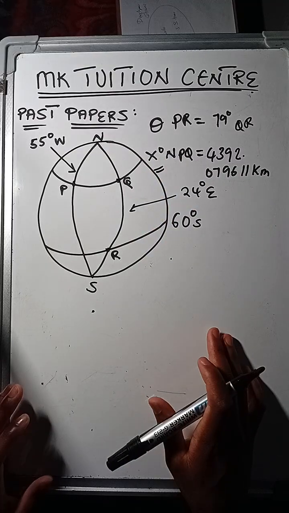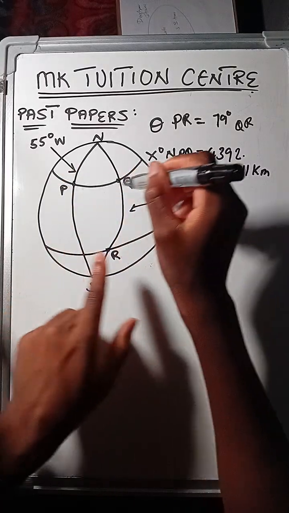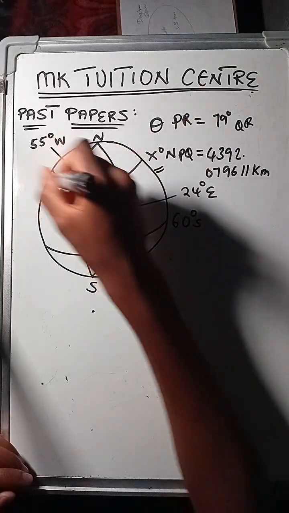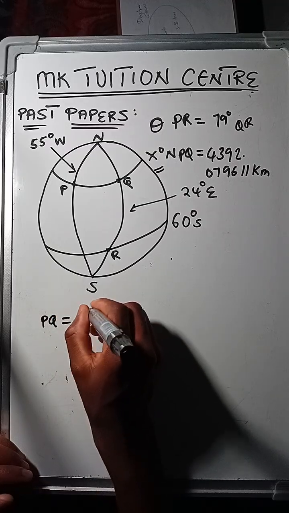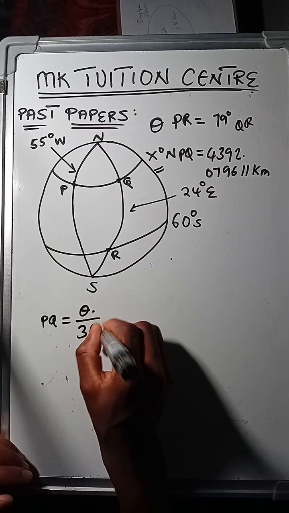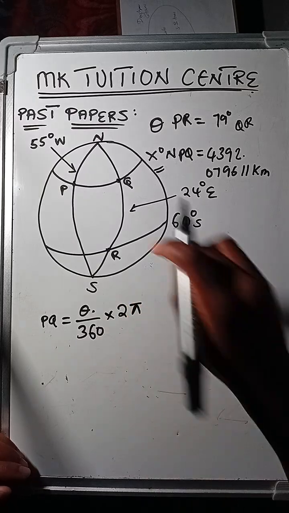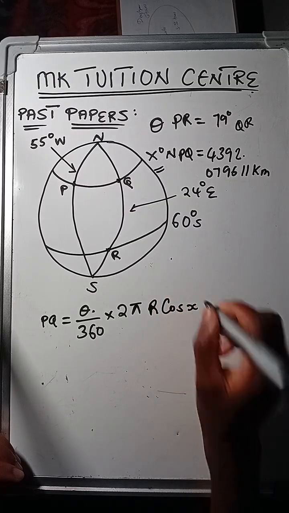So now, how do you find distance for this from P to Q? This one here is lying on a latitude, so it means the distance PQ will be equal to theta over 360 times 2 pi. Because it is on a latitude, we are going to say r cos x.